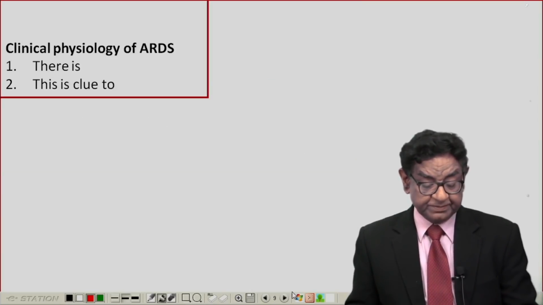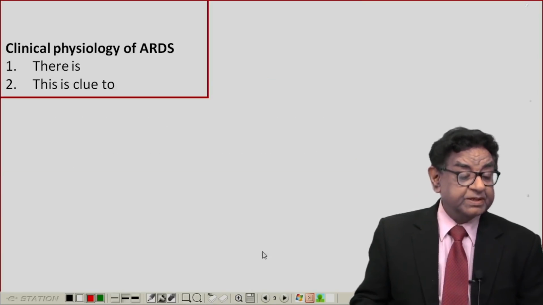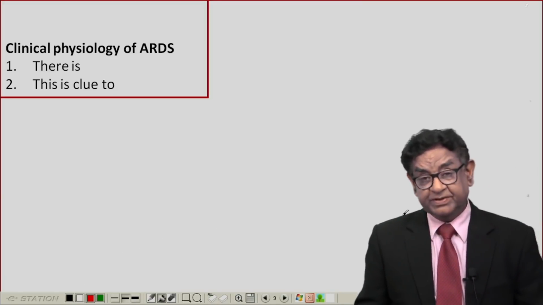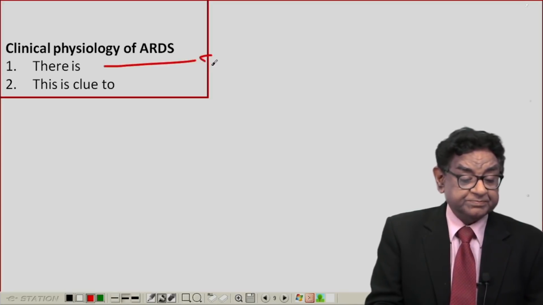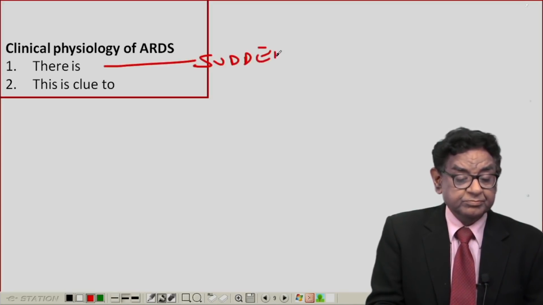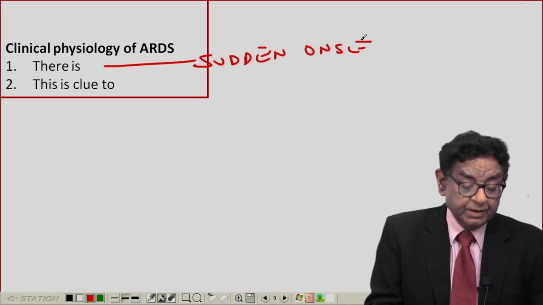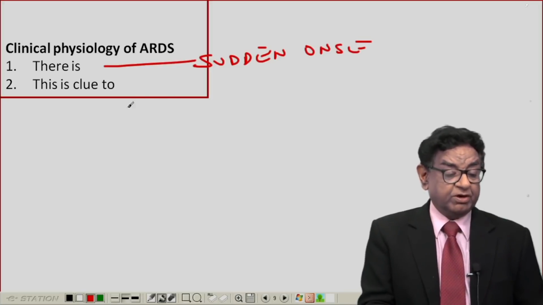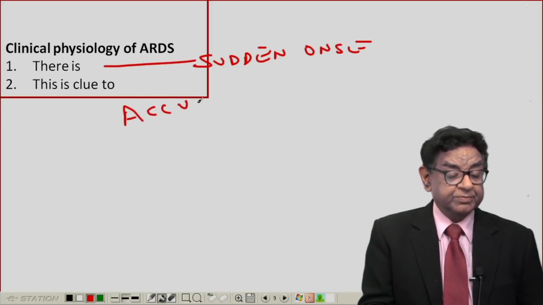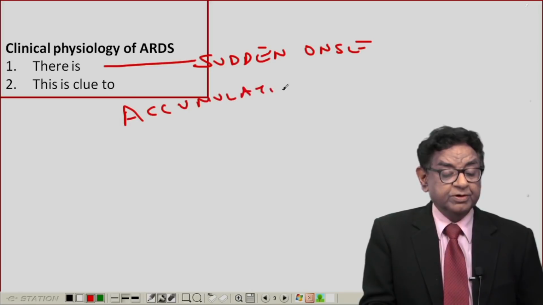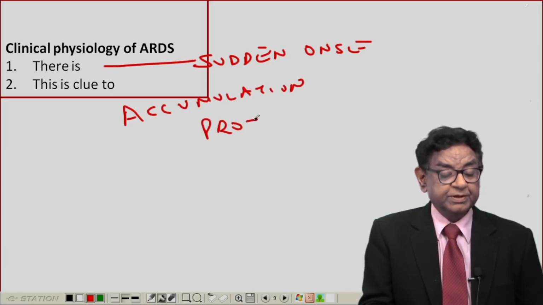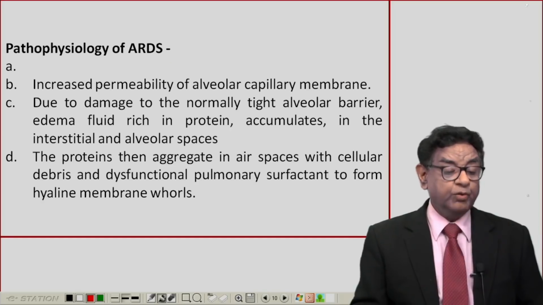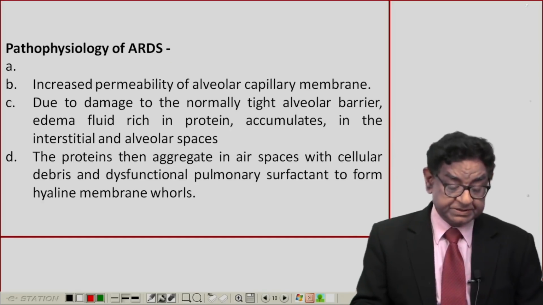Well, we move further. The clinical physiology of ARDS, as I told you, one of the classical features is that it is of a sudden onset. And the main problem is, as I discussed, accumulation of protein-rich fluid in the interstitium. Well, pathophysiology of ARDS.